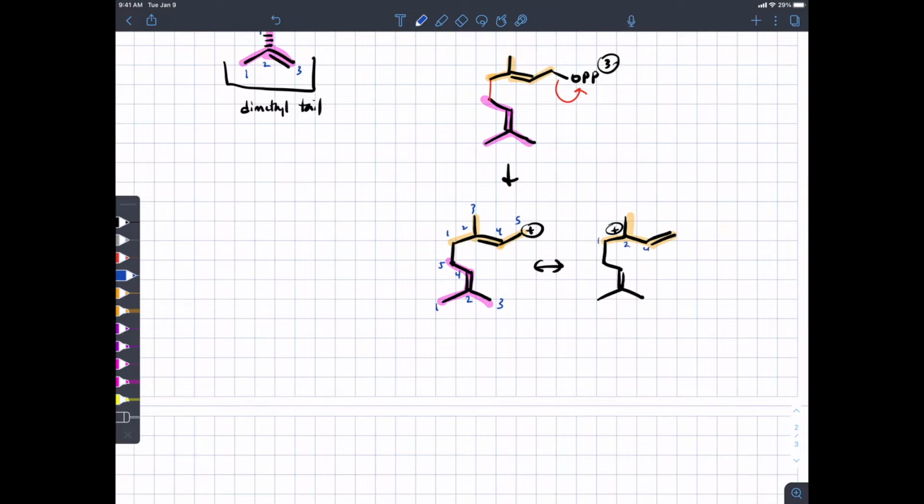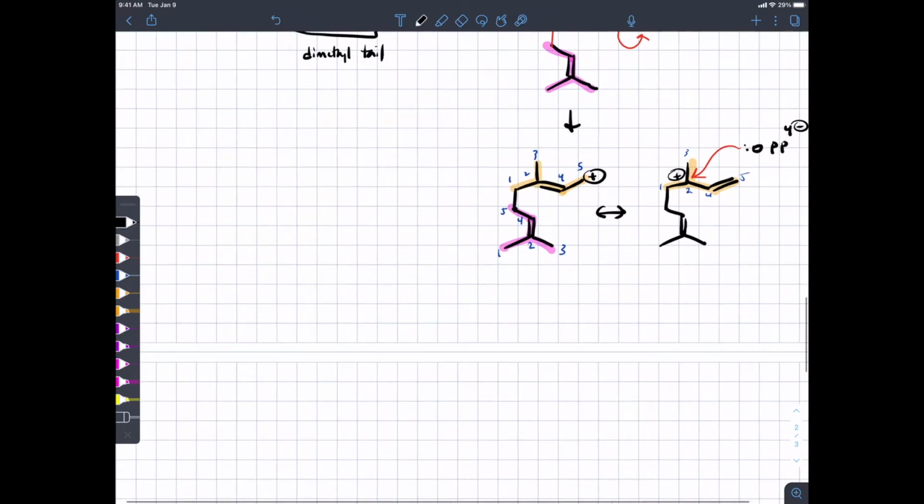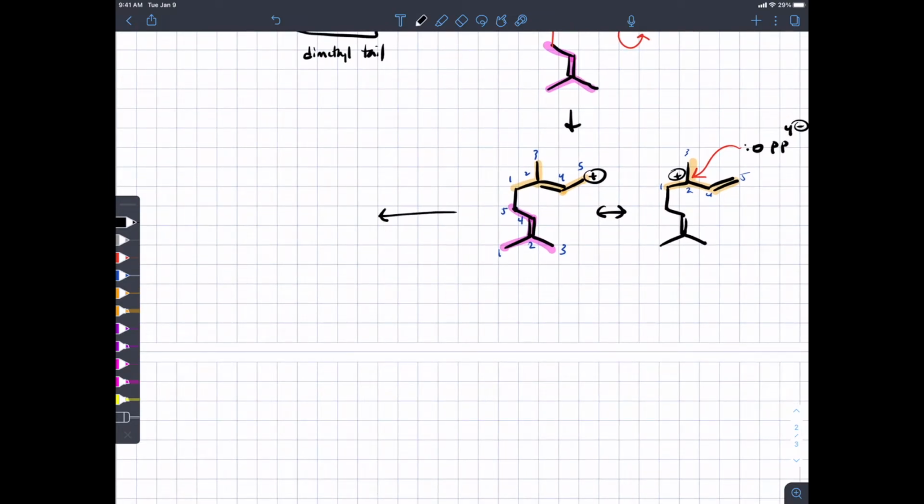And so what will happen, and they've demonstrated this biochemically, is you're going to have the pyrophosphate group attack that tertiary carbon. That gets rid of the barrier to rotation around the bond between 2 and 4.